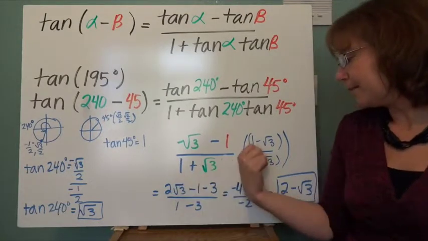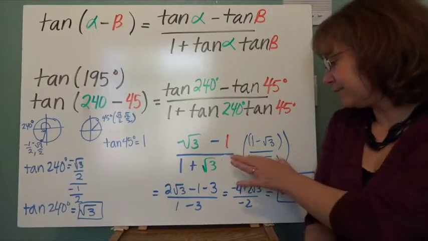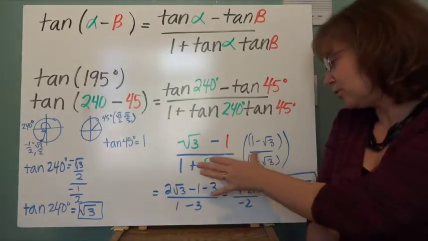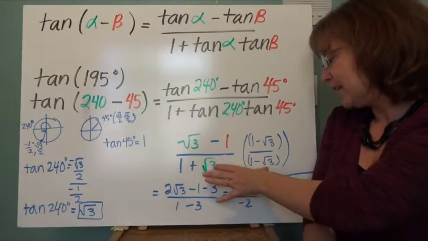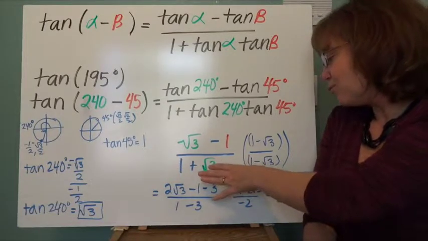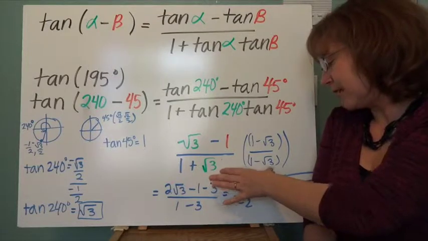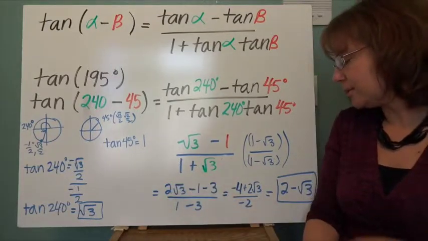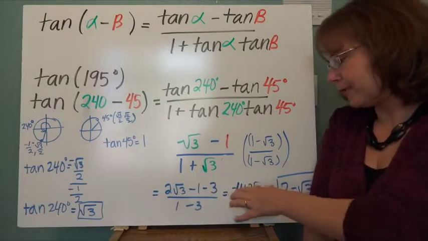And then on the bottom, I can just think about this as a difference of squares. So 1 minus, these two middle terms are going to cancel, so minus rad 3 times rad 3, which is just 3. So then just combining like terms, I have negative 4, I put my number out in front here.